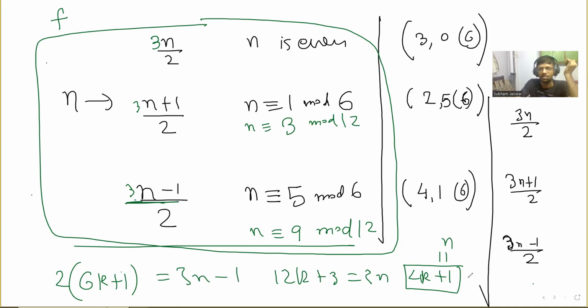No, not anything mod 6. Which one is that? Wait, we have to go with the last one because we have put our bet on that by putting here 3n minus 1. Okay, so 4k plus 1.